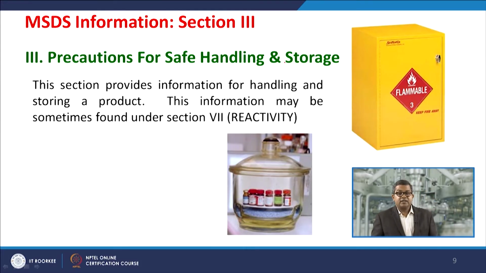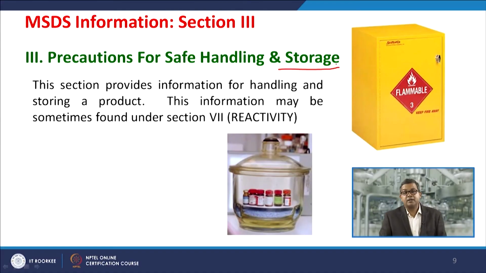The next section, that is section 3, usually deals with the precautions for safe handling, because sometimes you are aware that concentrated H2SO4 you can't store in a metal vessel. So how you can handle things safely and how you can store things properly, like sodium metal you can't store in a moist environment, that's why it is stored in kerosene.